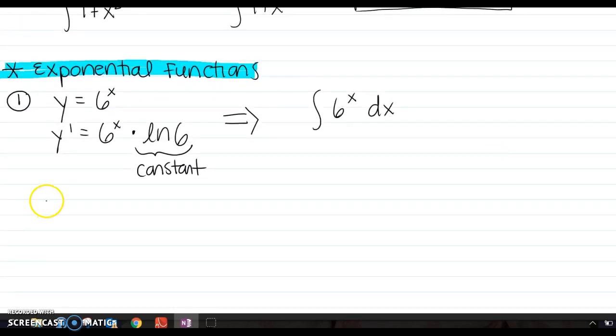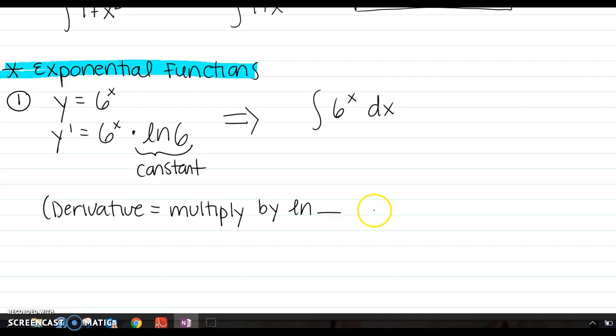So keep in mind, with a derivative of an exponential function, we multiply by natural log of whatever our base is. And so for an integral, we will divide by natural log of whatever the base is.